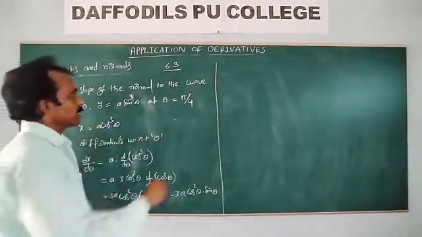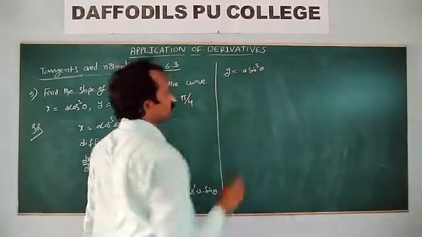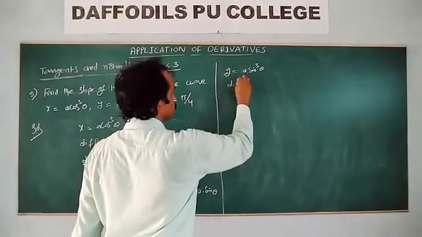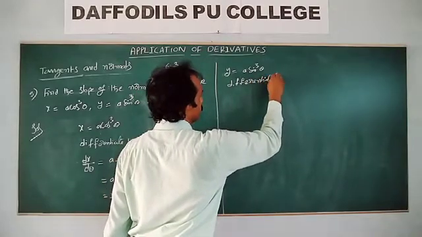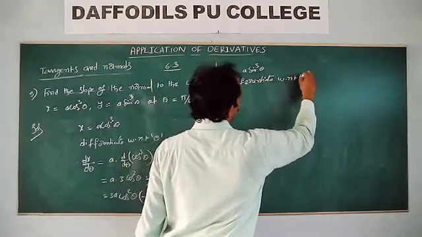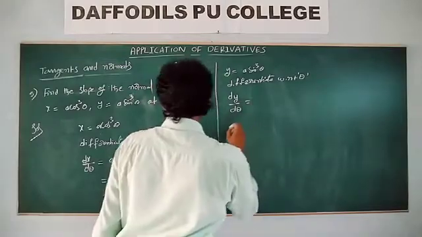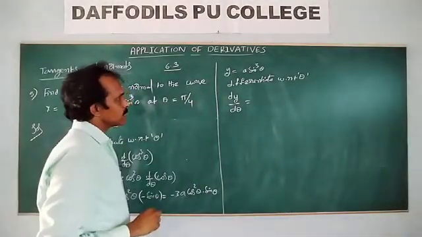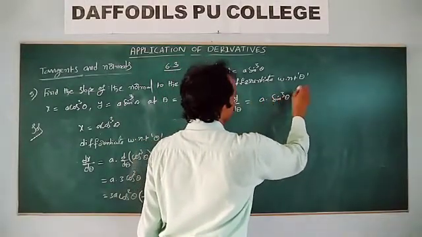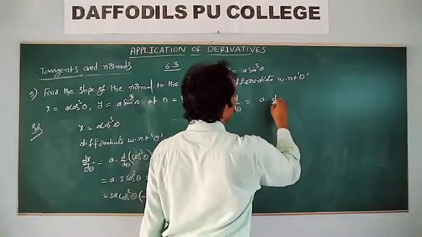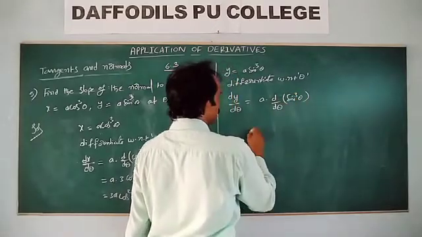Right. Next one, y is equal to a sin cube theta. Differentiate with respect to theta. dy by d theta is equal to a into d by d theta of sin cube theta.